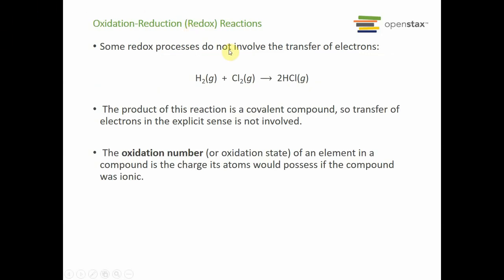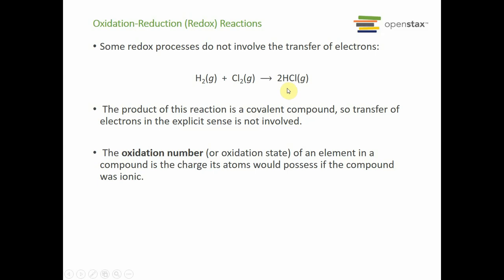Okay, some redox processes do not involve the transfer of electrons. And that's why we talk about oxidation number. So it's either the explicit charge or it's otherwise calculated. So in this case, hydrogen plus chlorine, of course these have oxidation numbers of 0, go to HCl.